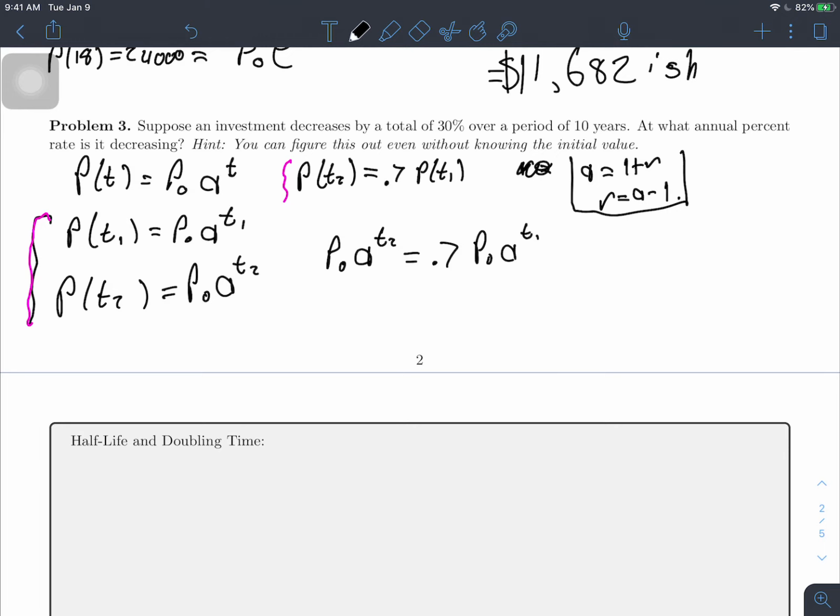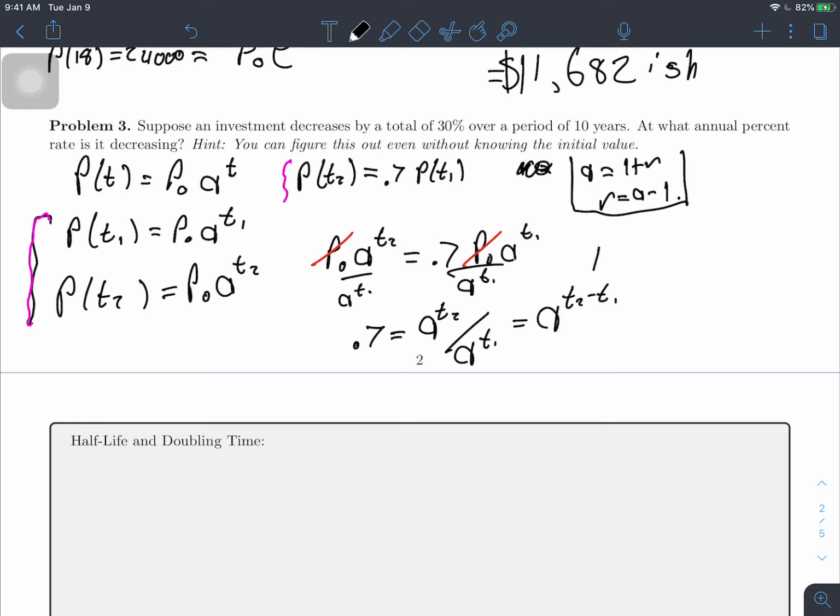Now I'm going to divide both sides by P naught A to the power T1. I can just go ahead and cancel these two terms since they appear on both sides. When I divide both sides by A to the T1, we get 0.7 equals A to the T2 divided by A to the T1, which is equal to A to the T2 minus T1.